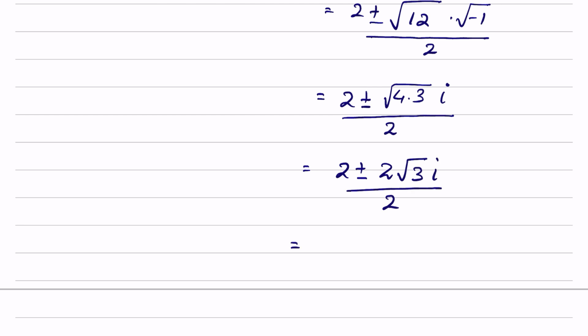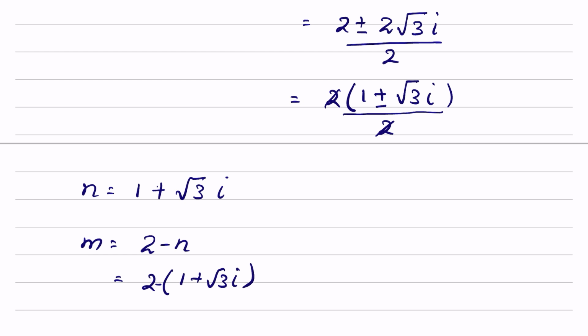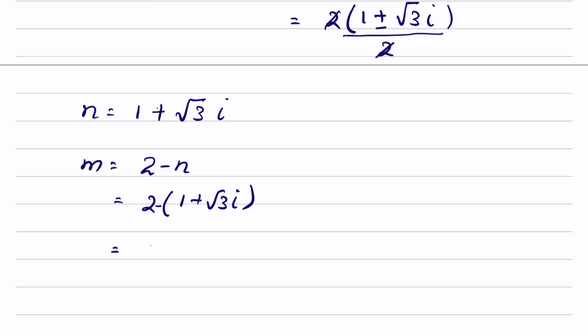Let's take 2 common, so 2 times (1 plus minus square root of 3i) upon 2, and 2 and 2 get cancelled. Now if n is equal to 1 plus square root of 3i, then m is equal to 2 minus n, so it is 2 minus (1 plus square root of 3i), or it will be 1 minus square root of 3i.